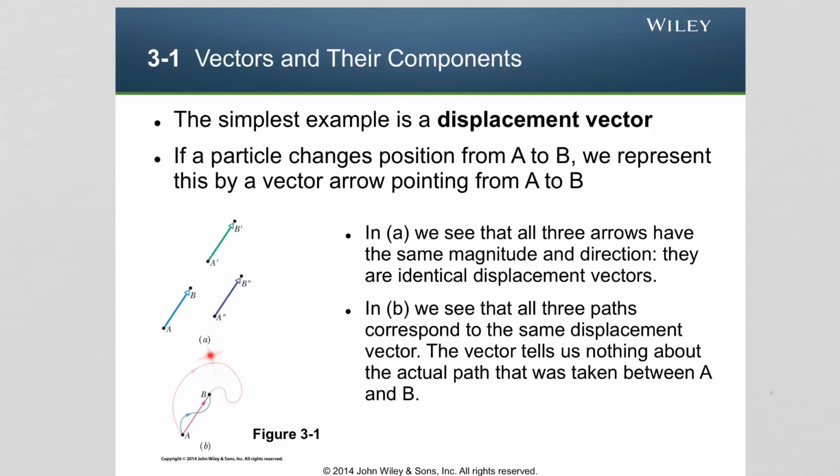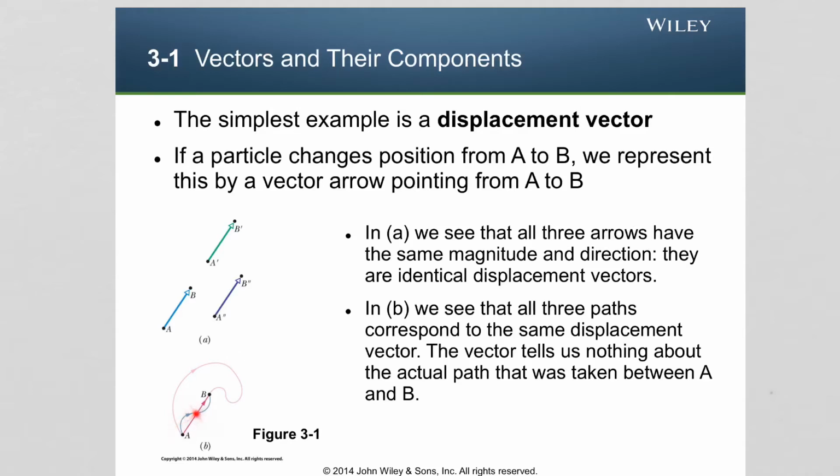Now, if you look at the other drawing here, we have a displacement between points A and B in space. So the displacement vector here is indicated in purple. However, the way a particle gets between A and B can be done along all kinds of different paths.